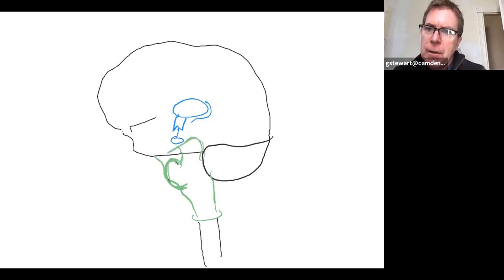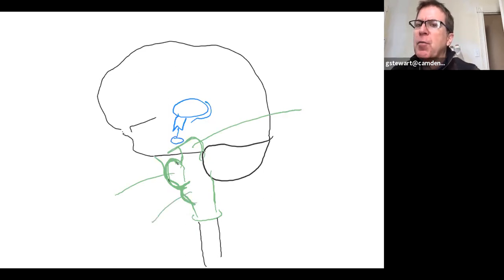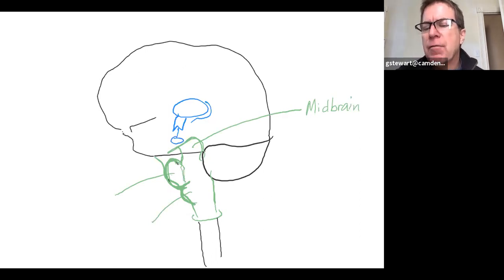So this would be region 1 of the brainstem. This would be region 2. I'll label them in a minute. And region 3 is this bulge below region 2. We call this most superior region of the brainstem the midbrain. Just anterior and inferior to the midbrain is something called the pons, P-O-N-S.